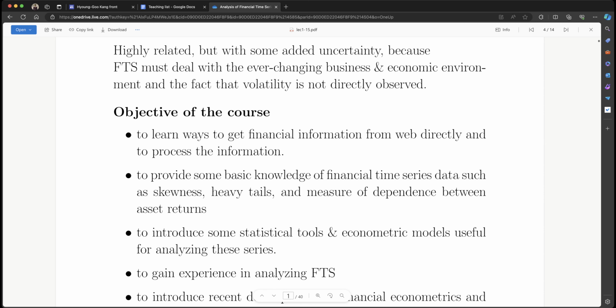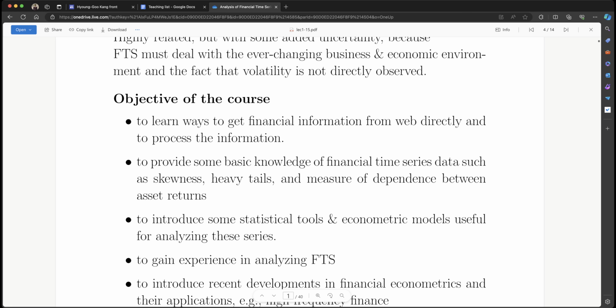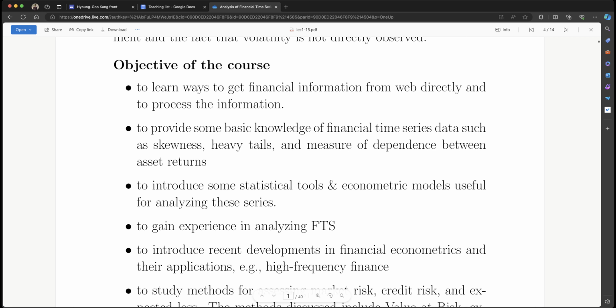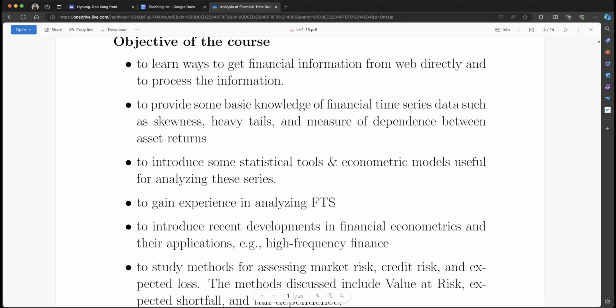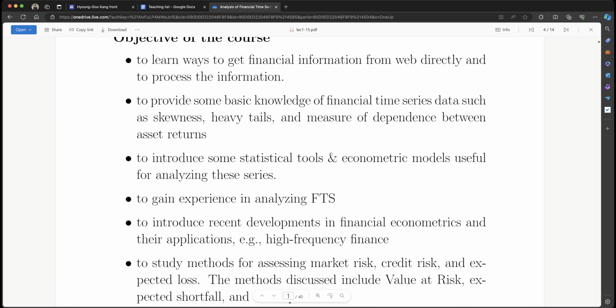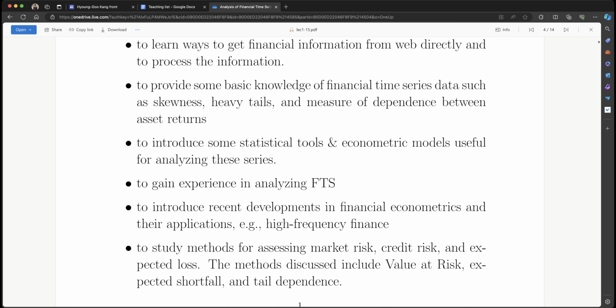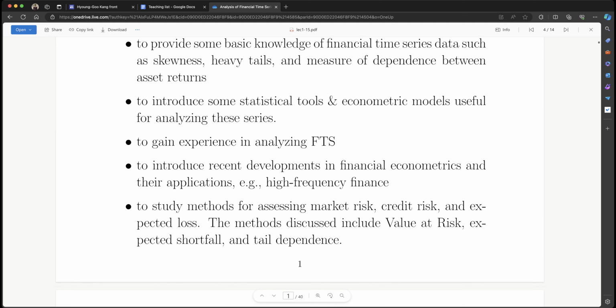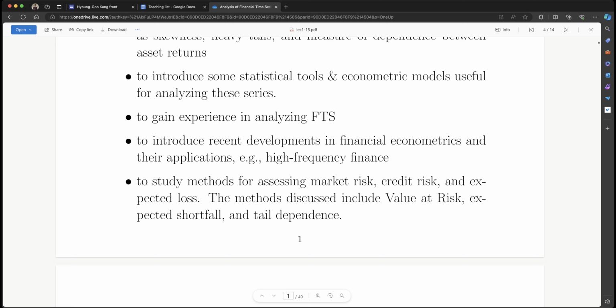The objective of the course is to learn ways to get financial information from the web directly and to process the information, to provide some basic knowledge of financial time series data such as skewness, heavy tails, and measures of dependence between asset returns, to introduce some statistical tools and econometric models used for analyzing these series, and to gain experience in analyzing financial time series, and then to introduce recent developments in financial econometrics and their applications like high frequency finance, and to study methods for assessing market risk, credit risk, and expected loss.